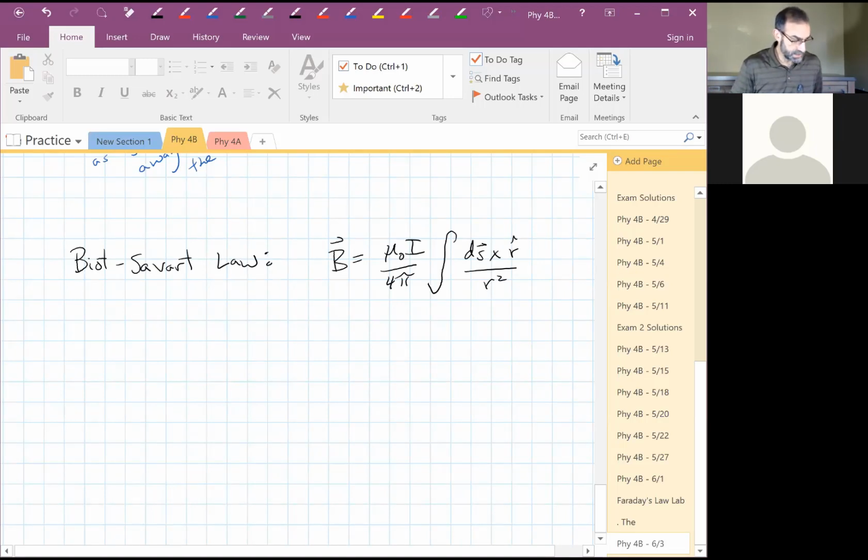Some books write it this way, as ds cross r vector over r cubed.